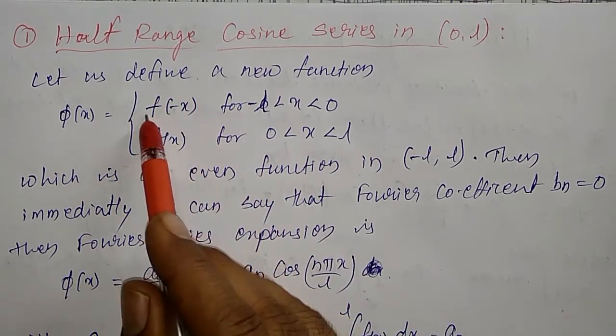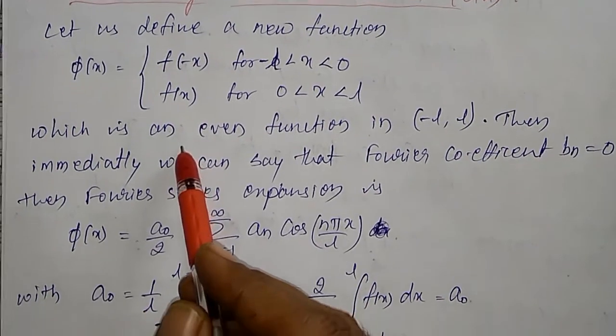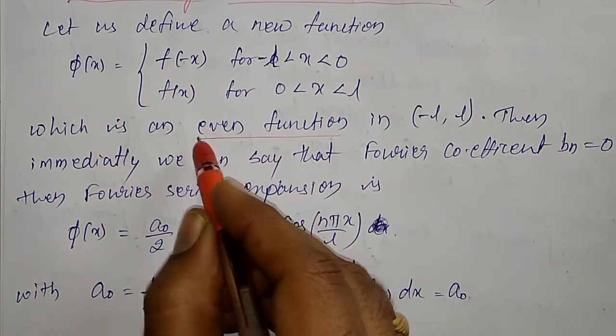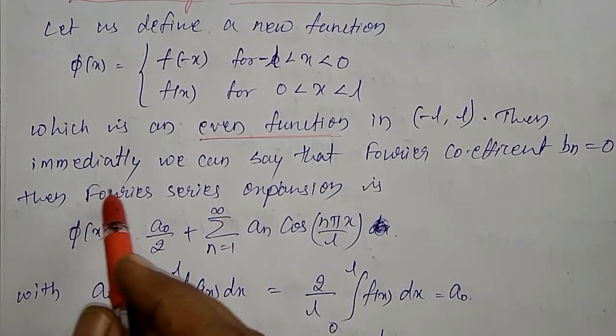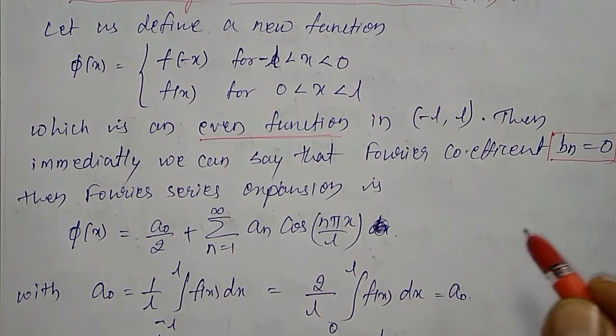This extra function I am defining shows that phi of x is an even function. If it is an even function, then immediately I can say the Fourier coefficient bn will become automatically 0.